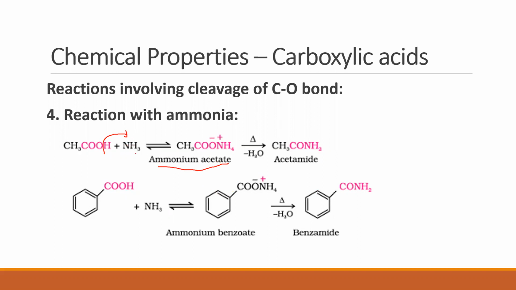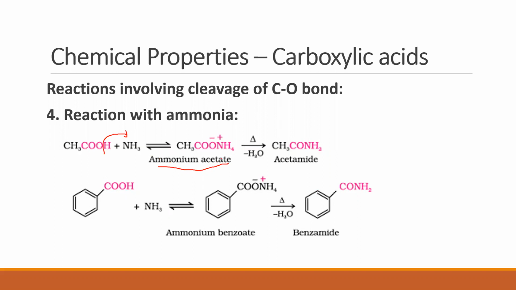This NH3 will become NH4 plus. Clear? Ammonium ion. And what do I have as a counter ion? I have CH3COO minus, which is my acetate ion. So acetate ion and my ammonium ion come together to form an ionic compound, which is ammonium acetate.